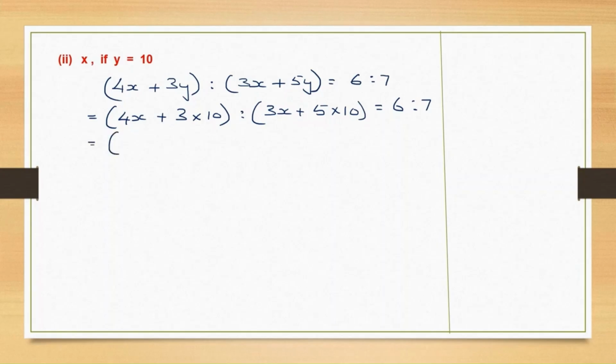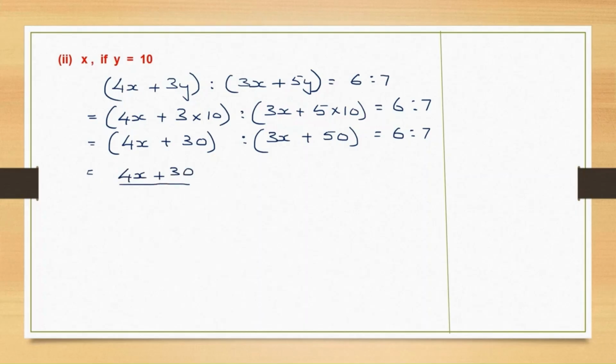So this will be 4x plus 3 tens are 30 is to 3x plus 5 tens are 50, equal to 6 is to 7. Now let's write this as a fraction: 4x plus 30 divided by 3x plus 50, and on the other side we have 6 by 7.